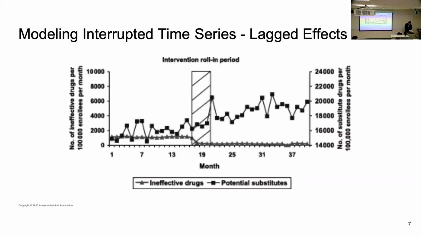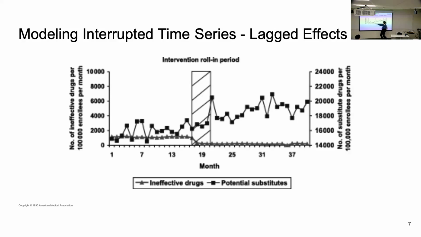One interesting thing that we didn't cover is something called lag effects. So let's say some ineffective drug was taken off the market at this point, which is something like month 17.